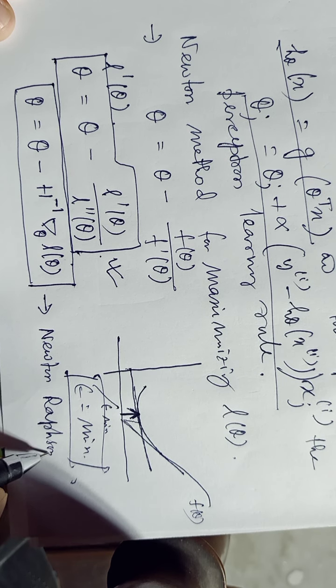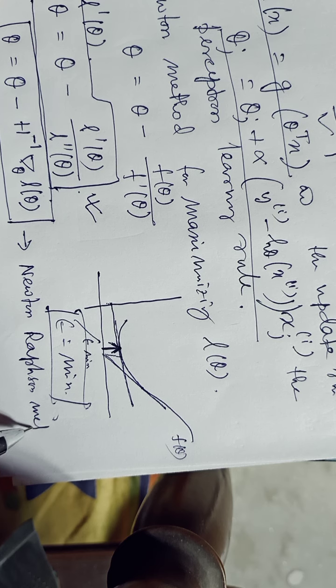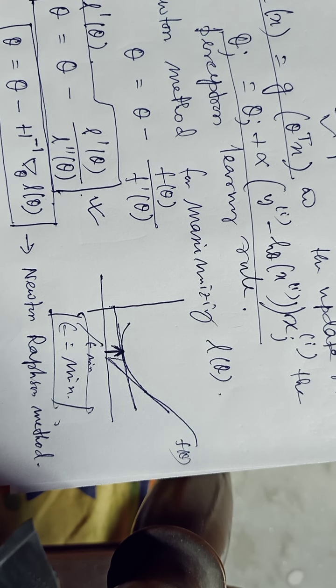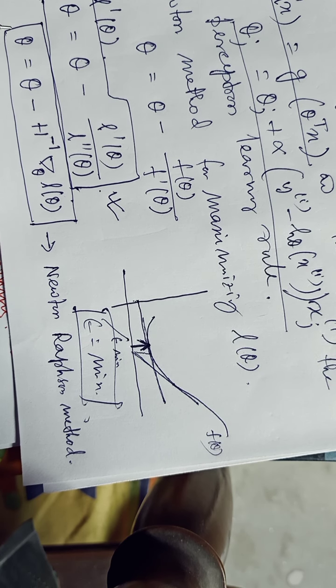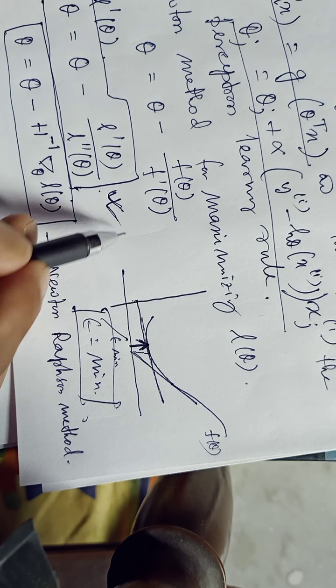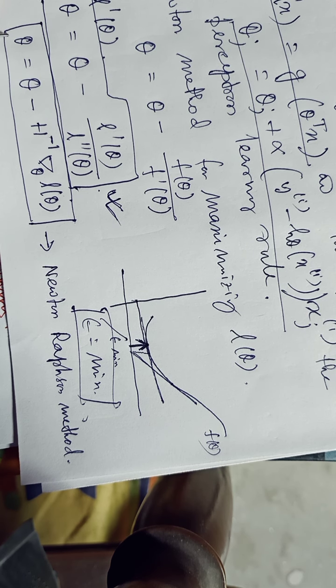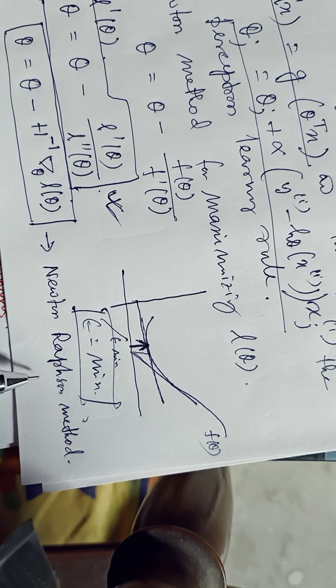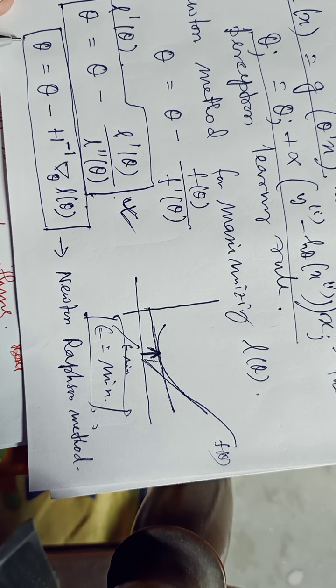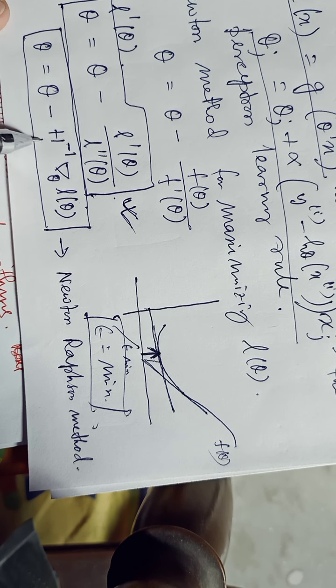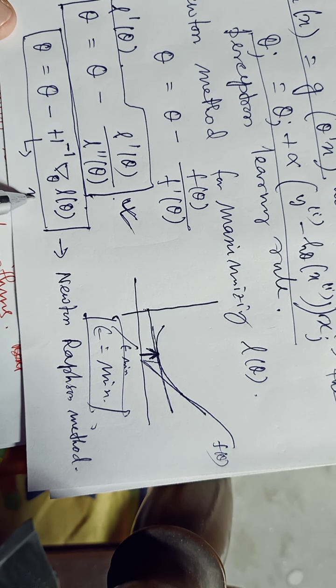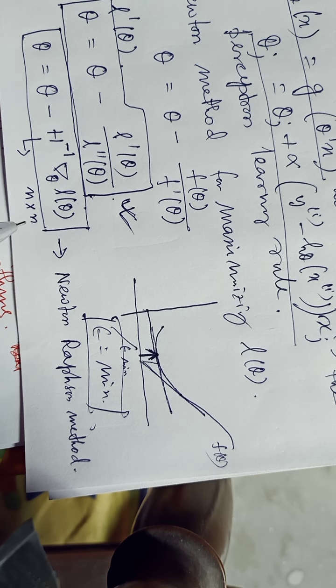This is for a single dimension that we have used here. For multi-dimension, we have to use the Newton-Raphson method, and the update formula is theta equals theta minus H inverse delta L theta, where H is an n cross n matrix.